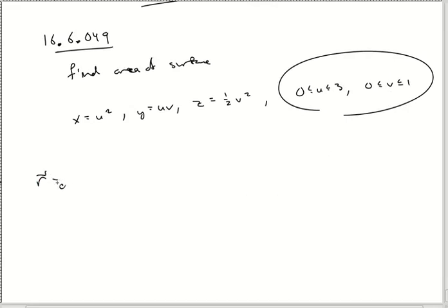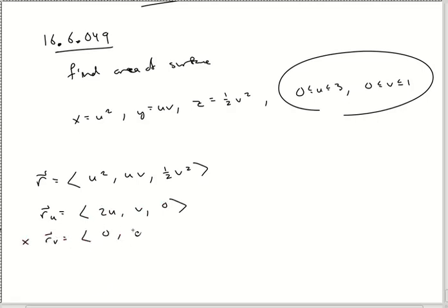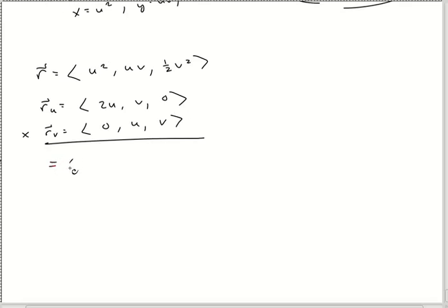But until then, let's make my r's. So my r vector is u squared, uv, 1/2 v squared, r sub u is 2u, v, and then a 0. And then in terms of v, I got a 0, u, the 2 comes down to make just a plain old v. Crossing them, always start with a 0.